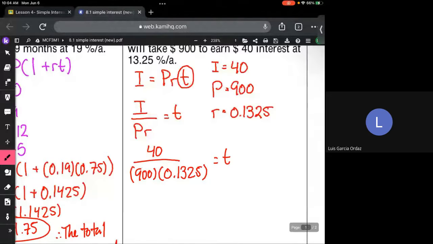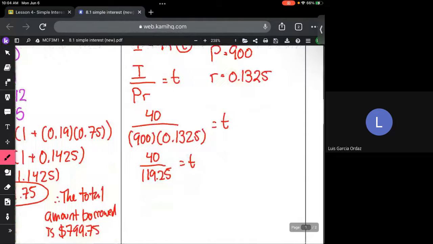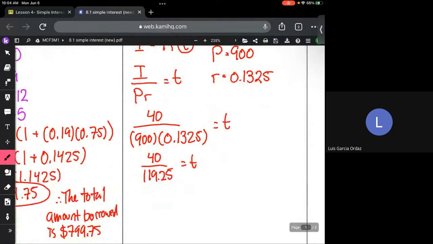And can someone tell me what they got? Okay. And now all you have to do is do 40 divided by 119.25 and we'll round it to the fourth decimal place again.